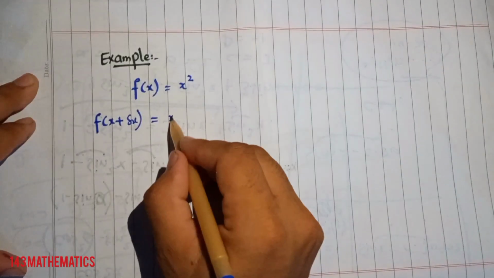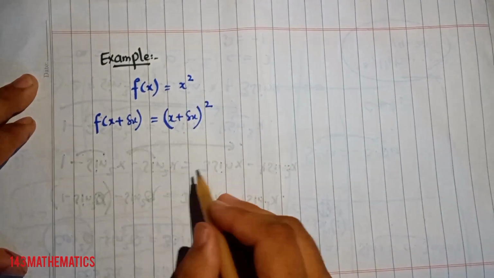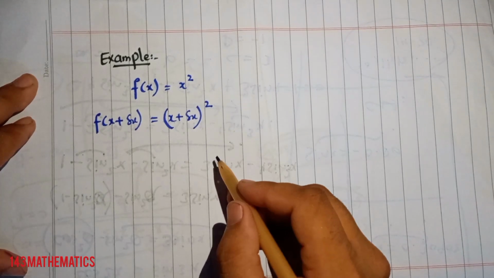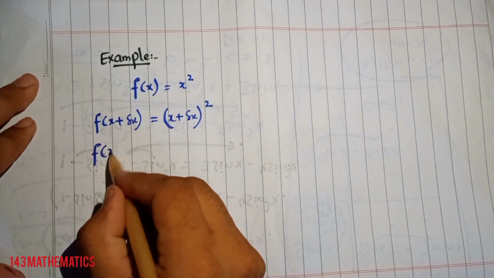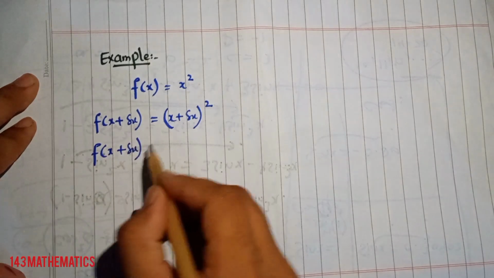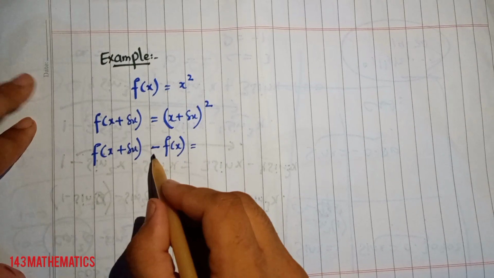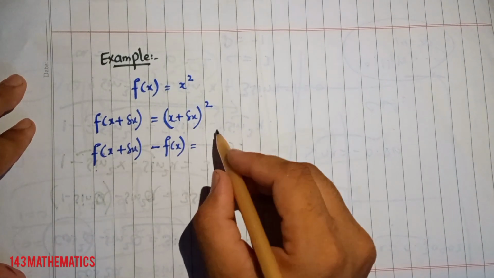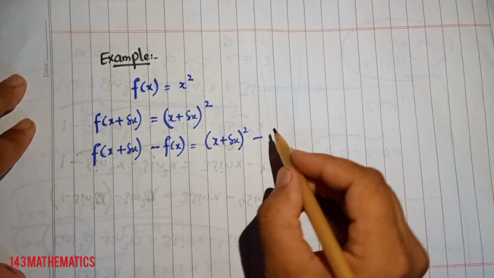This will be equal to x plus del x square. So there are two different methods. We will use both of these methods. F of x plus del x minus f of x. If we subtract f of x from both sides, this will become x plus del x square minus f of x.